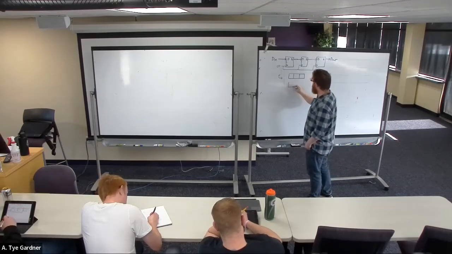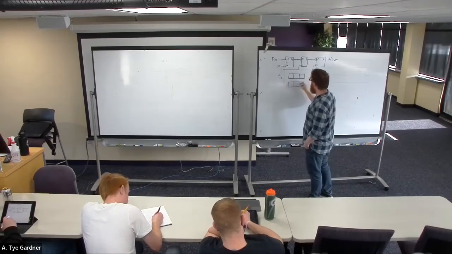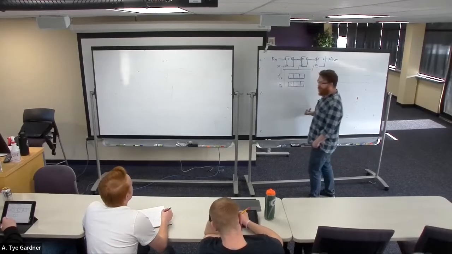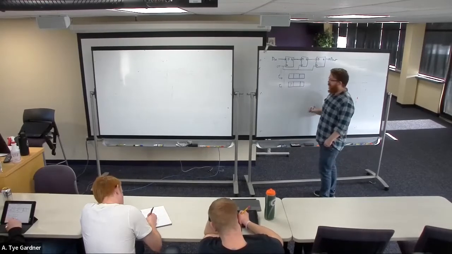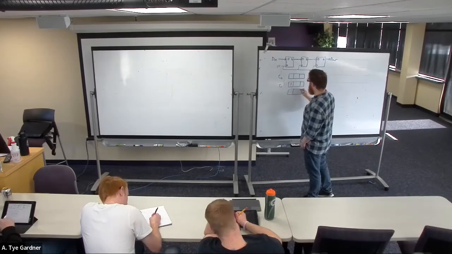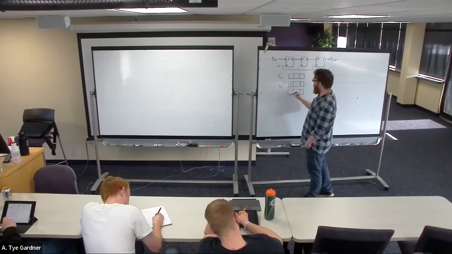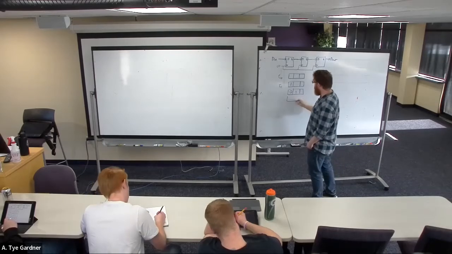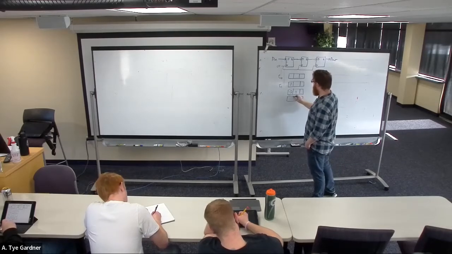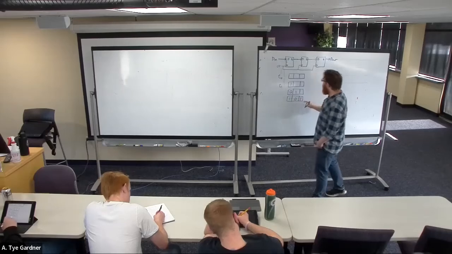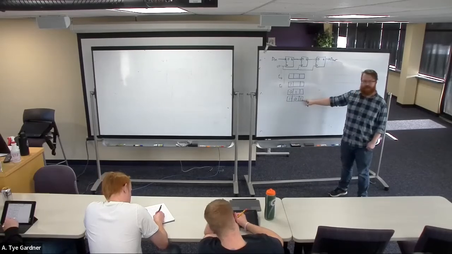At time 1, let's say that we bring in a 1. At time 2, if the next number on the data in is a 0, then we would have this 0, 1. And then at time 3, if it was a 1 again, we would have a 1, 0, 1. And now data out is finally valid with a 1.